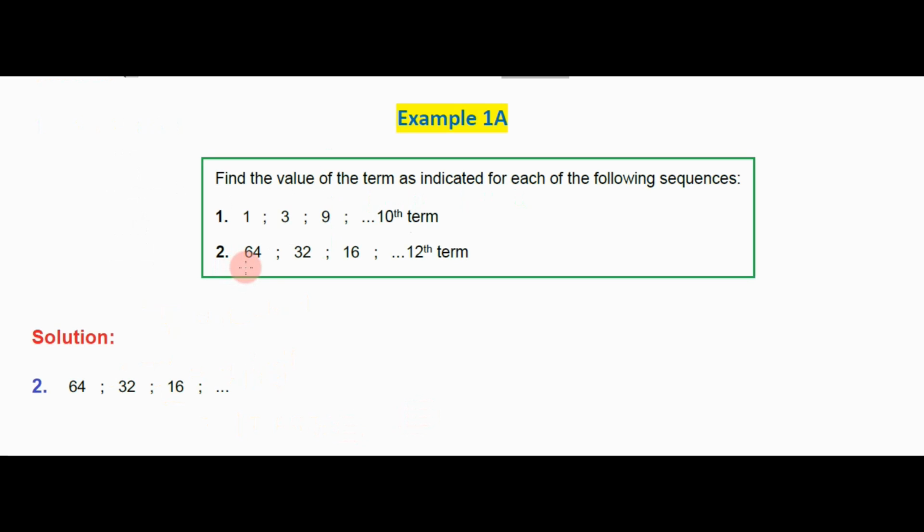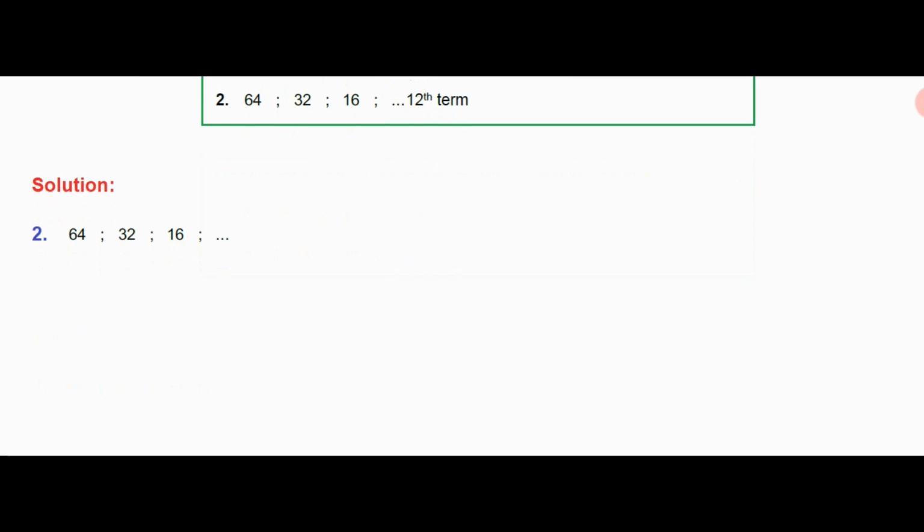Let's look at the second sequence. We have 64, 32, 16, etc. And we must find the value of the 12th term. So once again, we can check to see whether it's a GP. So term 3 divided by term 2 equals 16 divided by 32, which is a half.